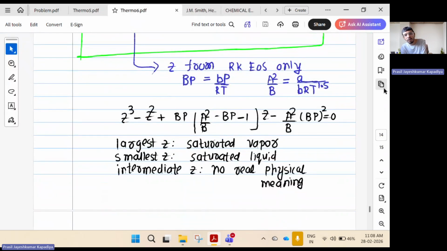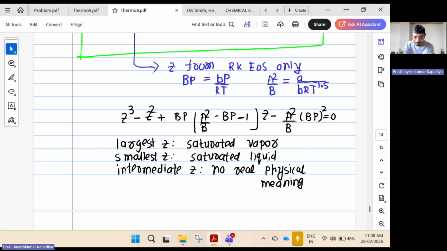So this is the simplified form for Z: Z cube minus Z square plus (BP minus A square by B minus BP) minus 1 into Z minus A square by B BP square equals 0. When I solve this cubic equation, I find one Z will be very small and one Z will be very large. The small value will be related to the saturated liquid phase, and the largest value of Z will be related to the saturated vapor phase.